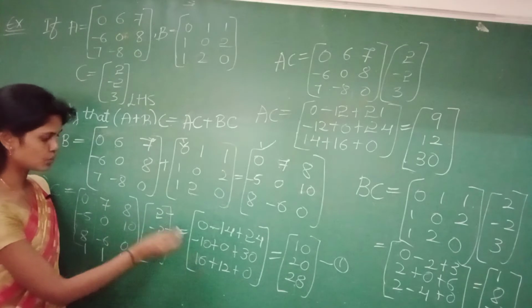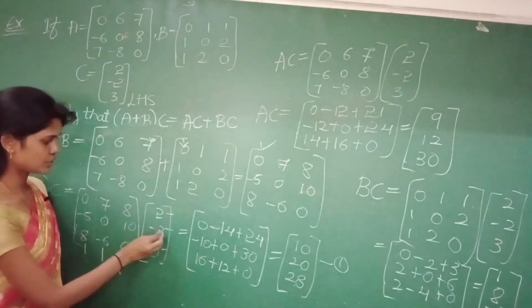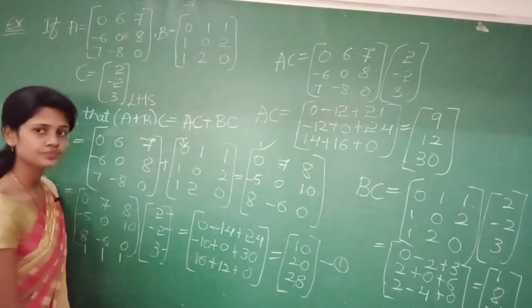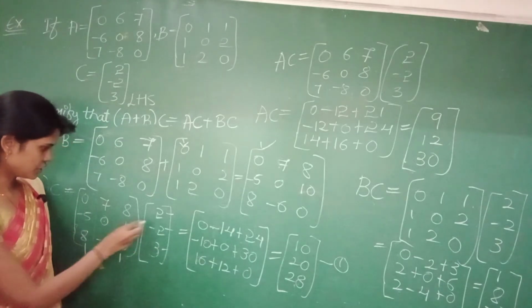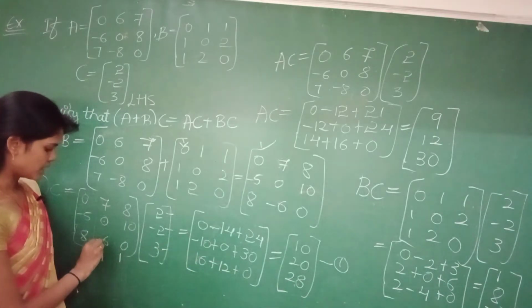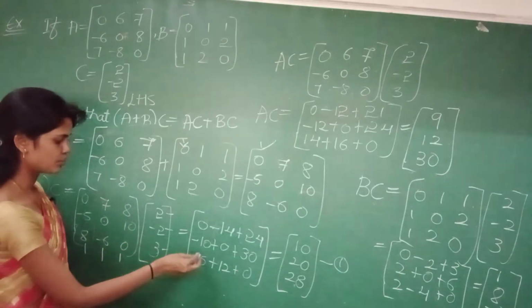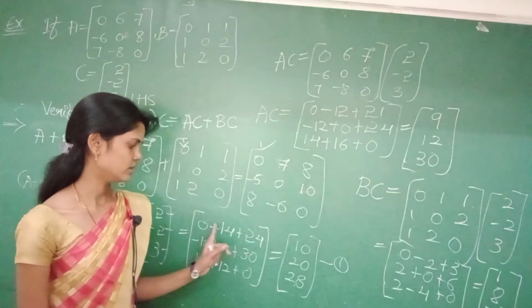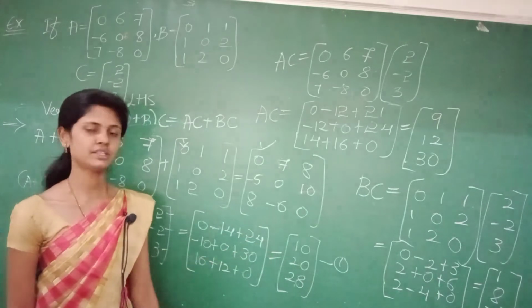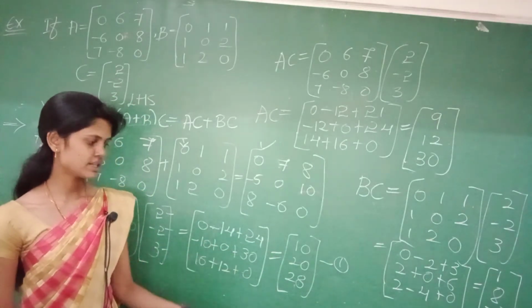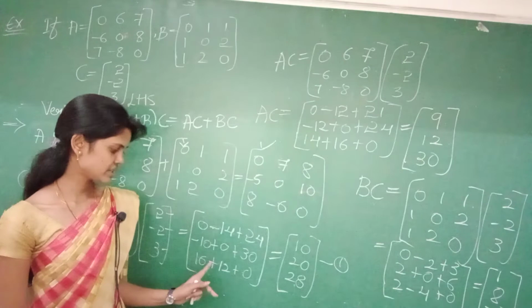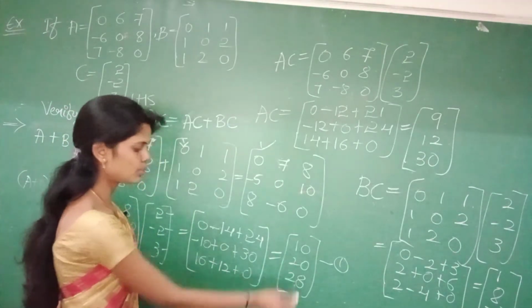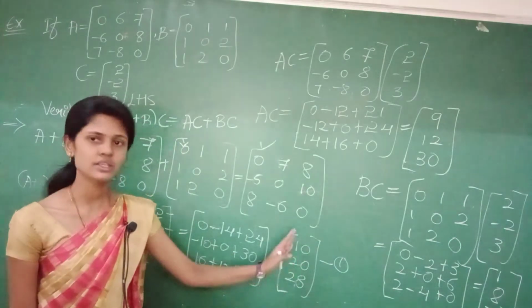Minus 5 into 2 is minus 10, plus 0 into anything will be 0, plus 10 into 3 is 30, and then 8 into 2 is 16, plus minus 6 into minus 2 is plus 12, 0 into anything will be 0, right? Then minus 14 plus 24 is 10, minus 10 plus 30 is 20, 16 plus 12 is 28. That is what we got now. (A plus B) into C is this matrix.